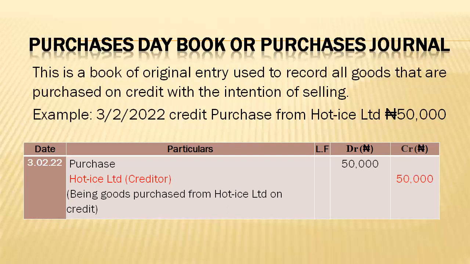So we debit our purchases account and credit Hot Eyes. Hot Eyes is a creditor, or we call them accounts payable. Lastly, you have to put a narration. So our narration will be: being goods purchased from Hot Eyes on credit.